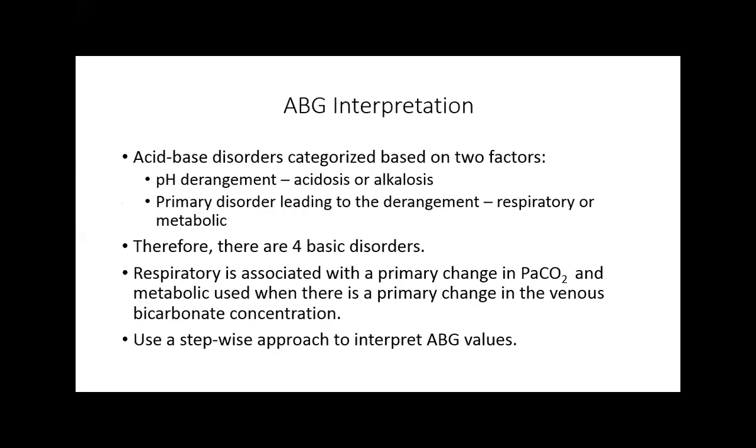So when we're going to look at acid-base disorders and try and understand arterial blood gas values, we're essentially dividing things up into 4 different compartments. You have acidosis, you have alkalosis, and then you have the cause for the acidosis or alkalosis as being either respiratory or metabolic.